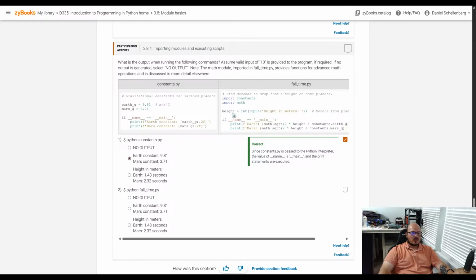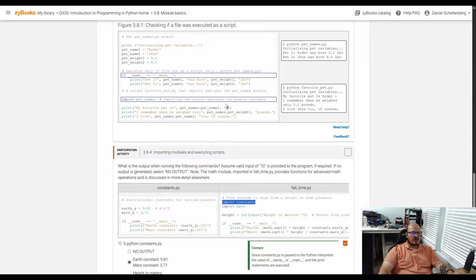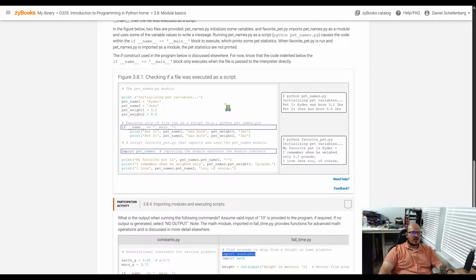So import constants, import math. So according to the above, this route only grabbed what it needed, but with the import of constants, it means it is importing the entire script.